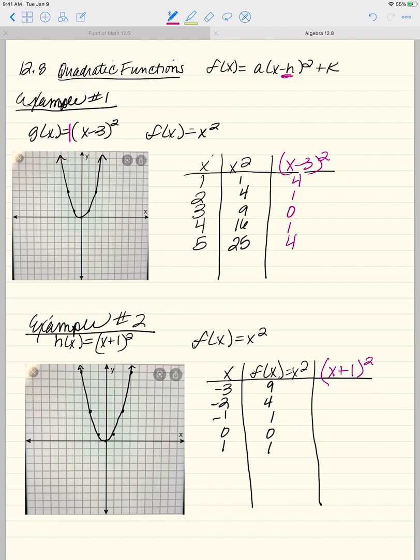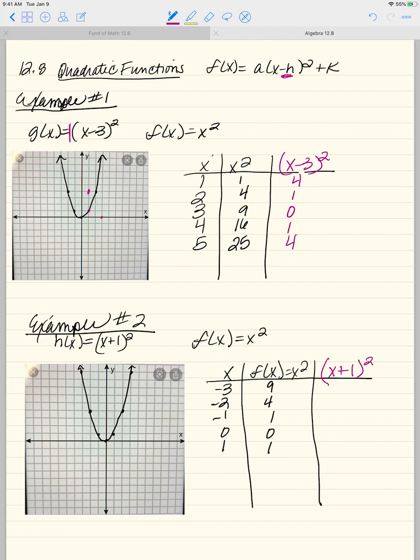Okay, so let's graph this right here. So we have 1, 4, which is right there. Okay, and then we also have 2, 1. So let's look at 2, 1. 2, 1 is right there. We have 3, 0.